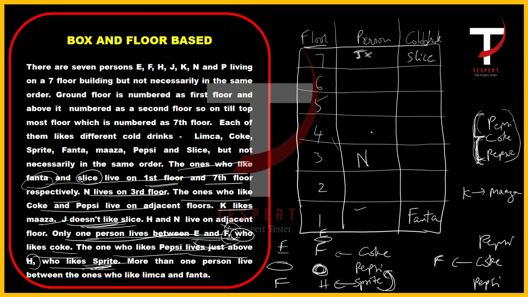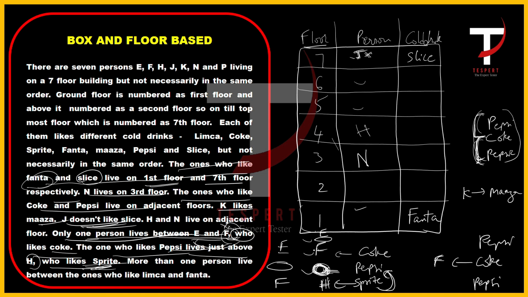See, if we put H here, then it will be 1, 2, 3. Only three floors are there, but if H is here, we must have 1, 2, 3 and 4, because above H there is this one whose identity we don't know, but this guy likes Pepsi.